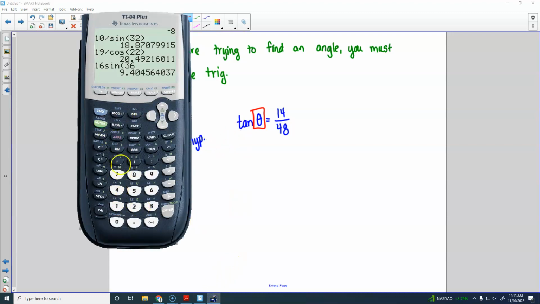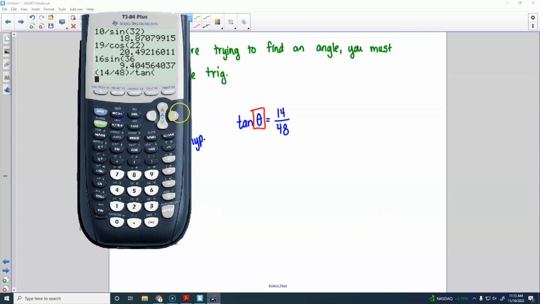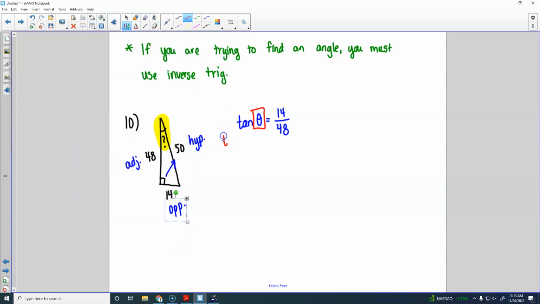If I did 14 over 48 and tried to divide by tangent, you're going to get an error because tangent is an operation. It's not a number for you to divide by. Like if that was a 7, yeah, we could divide by 7. We can't divide by tangent. To get rid of tangent, you have to use inverse tangent.